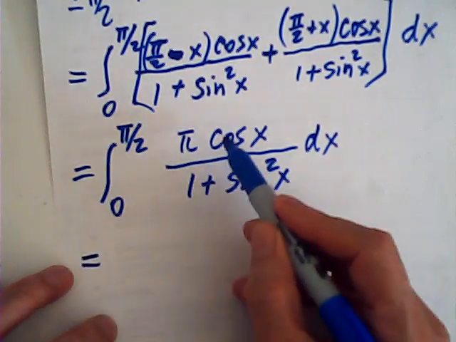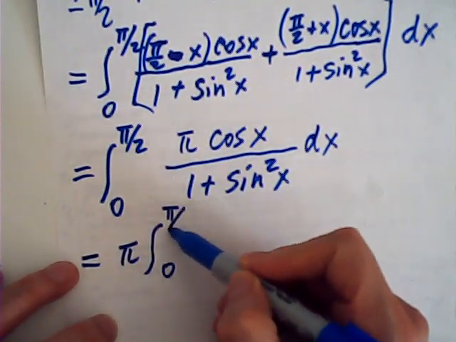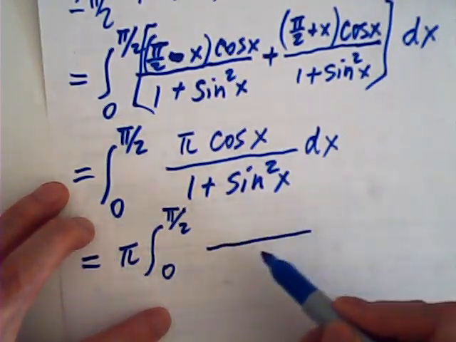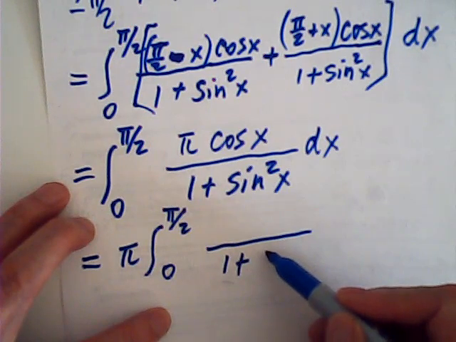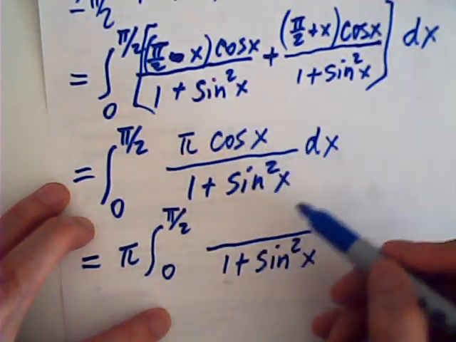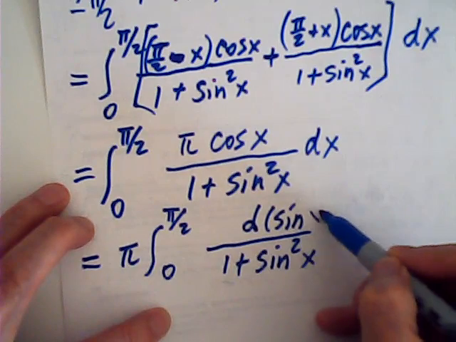Now I take pi out, from 0 to half pi, of cosine x over 1 plus sine square x, and cosine x is the derivative of sine x.